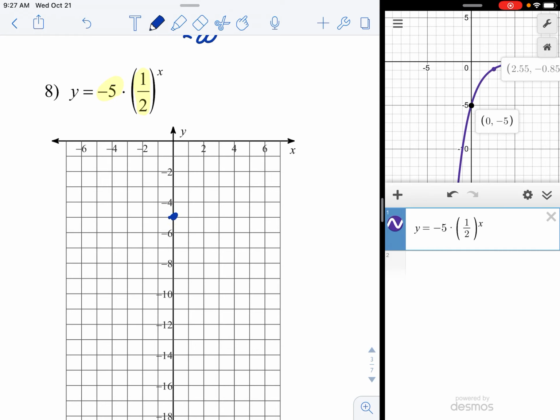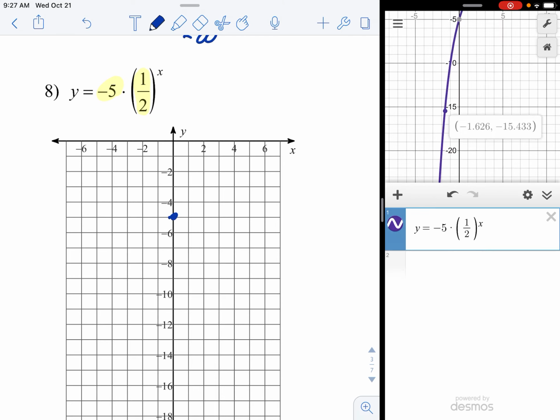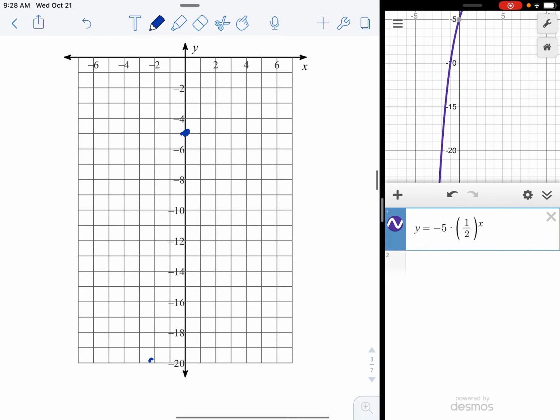Do we have any other integer values that we can look at? What about 1? That's not an integer. 2. No, nothing really jumps out at me as being a helpful integer value. And sometimes that happens. What is there, one at 2, negative 20 or something? Yeah, negative 20. Well, I'll take it. That's what I've got to work with.